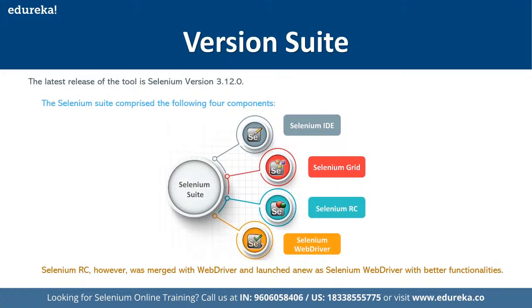All these permutations and combinations need to be checked for an application, and in that case, Grid helps you connect virtual machines or real machines. You can connect either of them. So Grid can help you to automate.